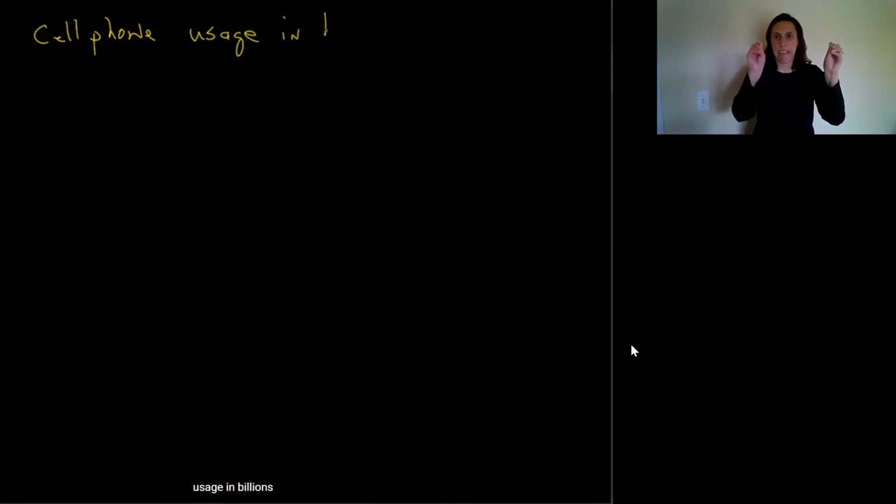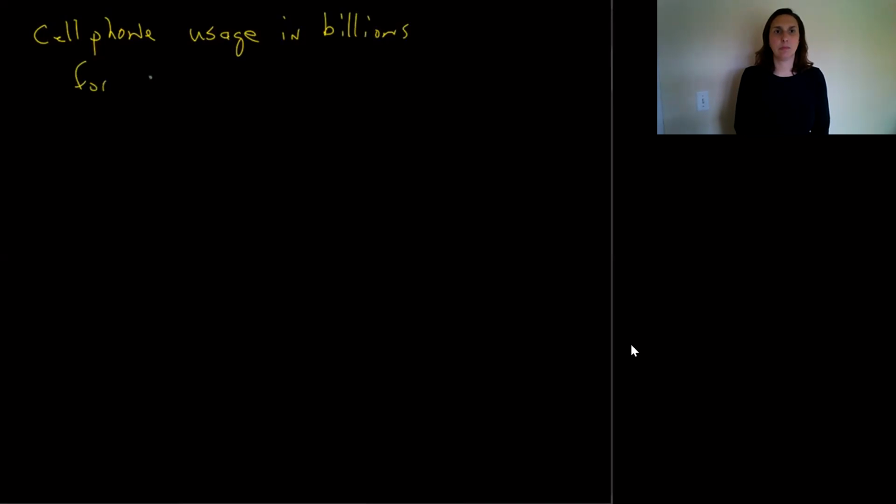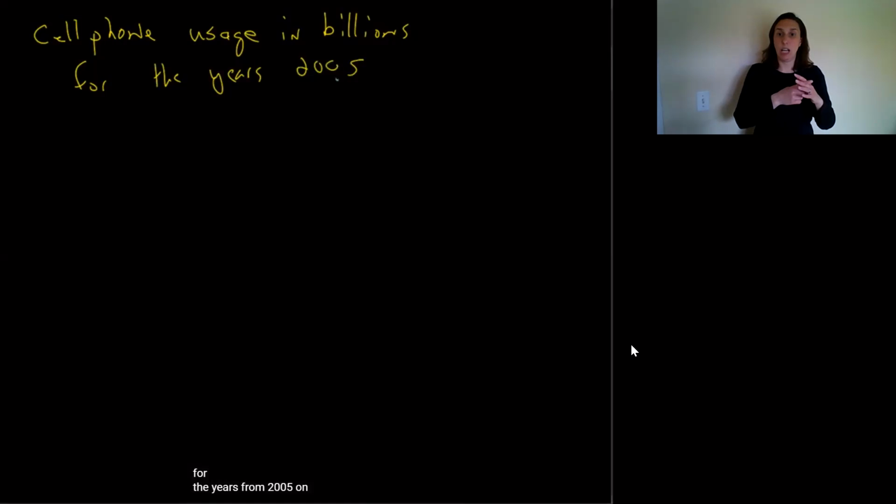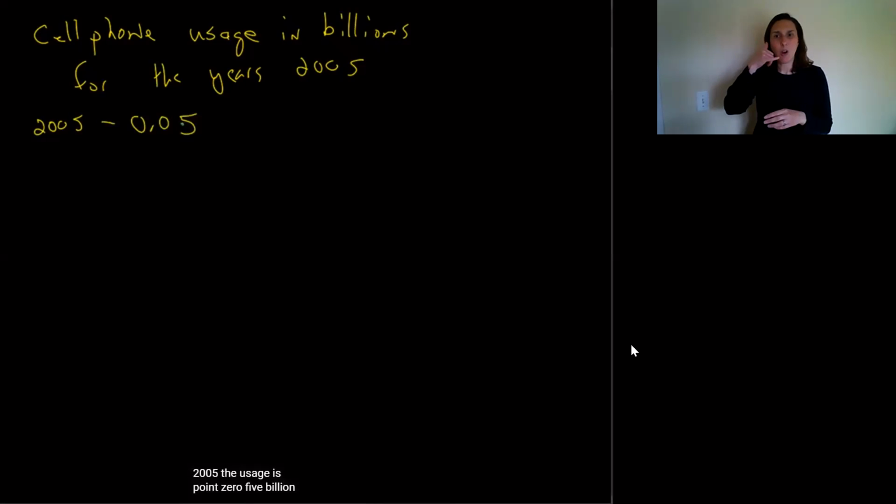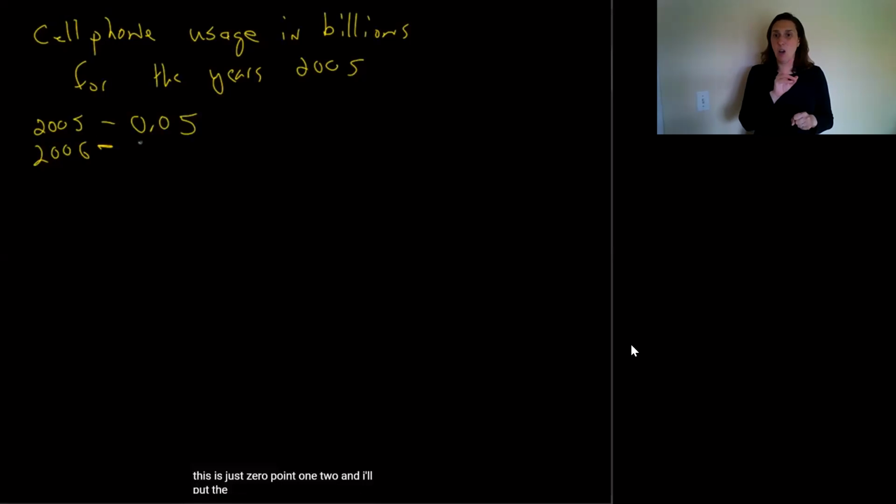Usage in billions for the years from 2005 on. And so what we get is 2005. The usage is 0.05 billion. 2006, the usage is 0.12, and I'll put the rest of the chart up here.